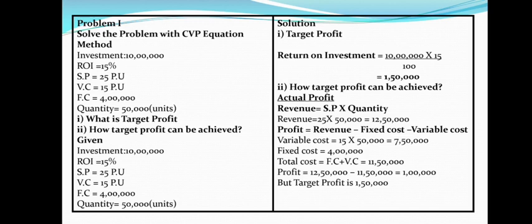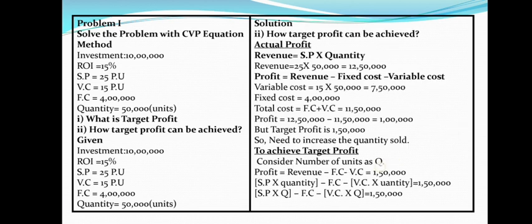Our target is 1,50,000, but we have got 1 lakh by selling 50,000 units. So we need to increase the quantity of products sold. That's how we can increase the profit. To achieve the target profit, we have to increase the number of units sold.